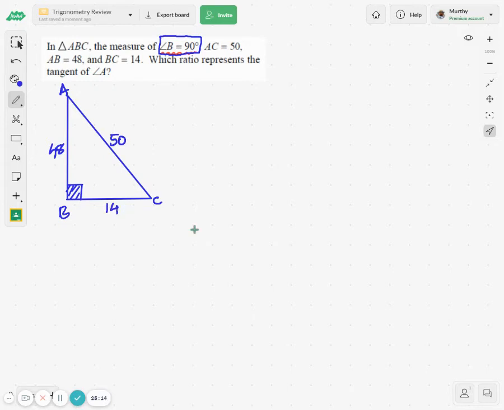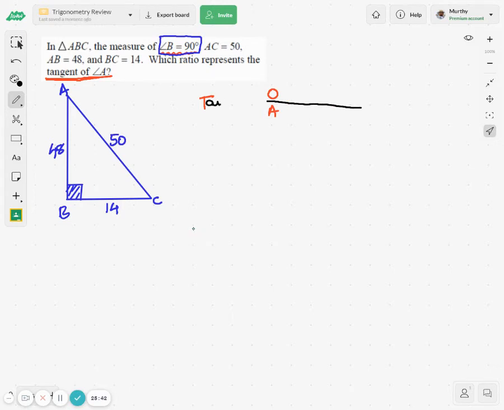Okay. Then, which ratio represents tangent A? Here you are asked to find tangent or tan, these two are one and the same. SOHCAHTOA, TOA, T-O-A. Every time, just memorize this, the small one, which is SOHCAHTOA.